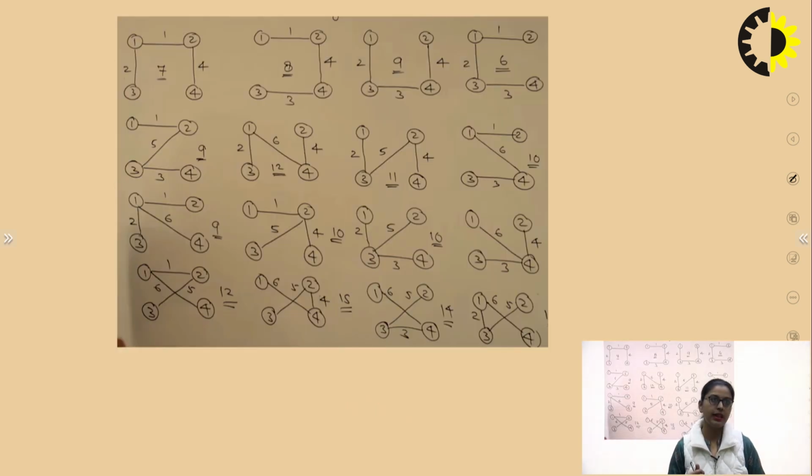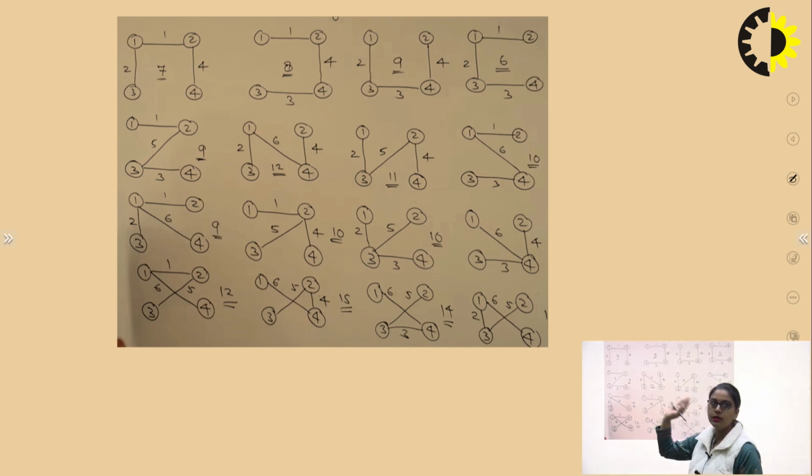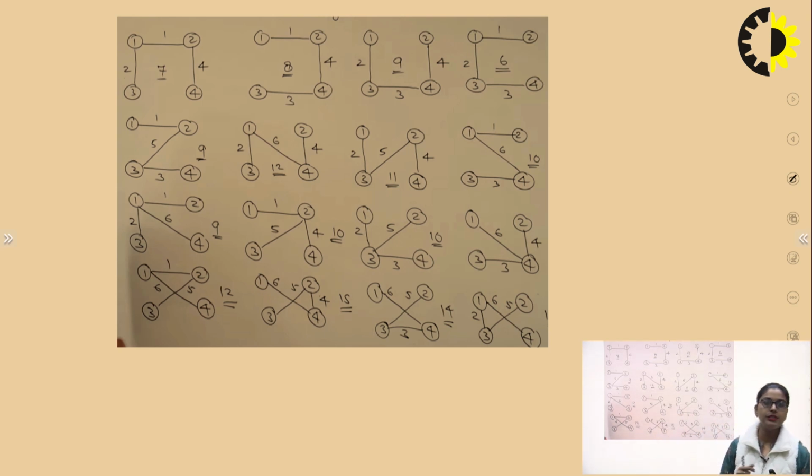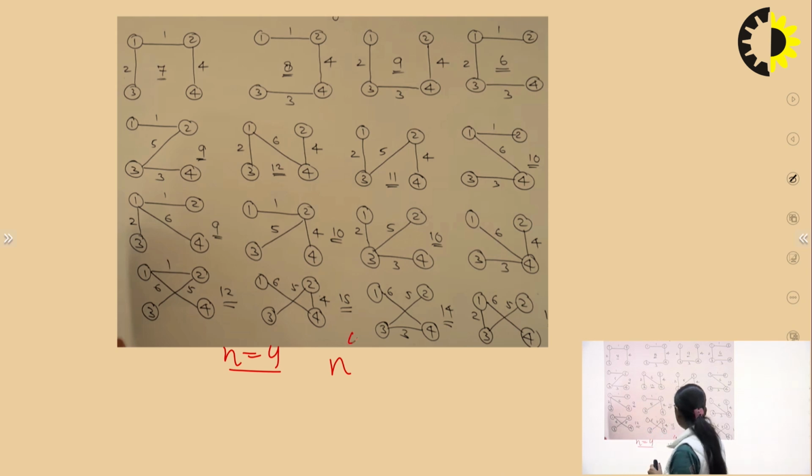In the next slide, I am showing all the possible spanning trees of this particular graph, where the value of n is 4. According to the formula n to the power n minus 2, which is 4 to the power 2, that means 16.